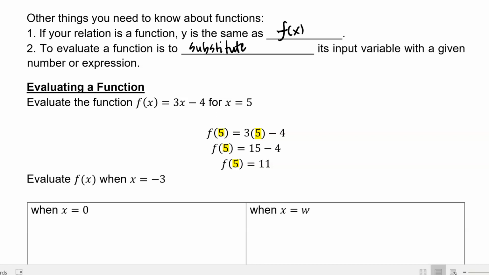For example, evaluate the following function: f of x equals 3x minus 4 for x equals 5. All we're doing is replacing the x's in this function with 5. This is stated as f of 5, so you say this as f of 5.